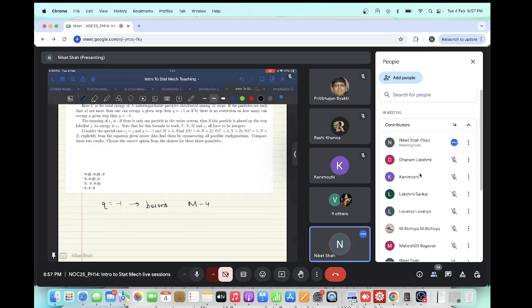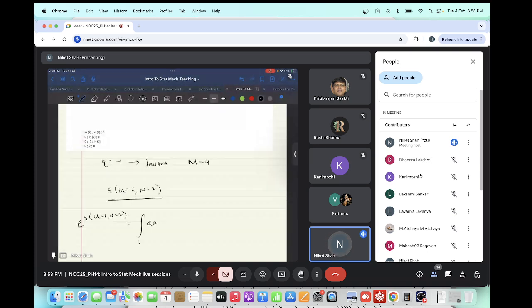E raised to power s u is equal to 6, n is equal to 2. This is equal to integral d theta 0 to 2 pi, integral d phi 0 to 2 pi. The constraining part of the equation is e raised to power i 6 theta multiplied by e raised to power i 2 phi. These are the constraining expressions.